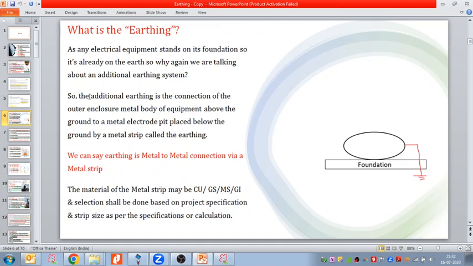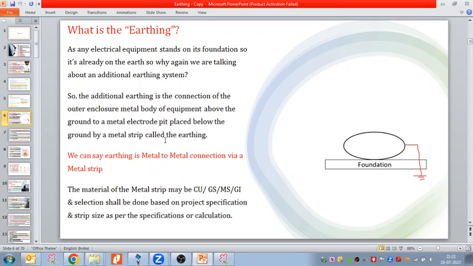The answer: when we say earthing, the additional earthing is the connection of the outer enclosure metal body of equipment placed above ground, you can take this photo as a reference, to a metal electrode pit placed below the ground by a metal strip.